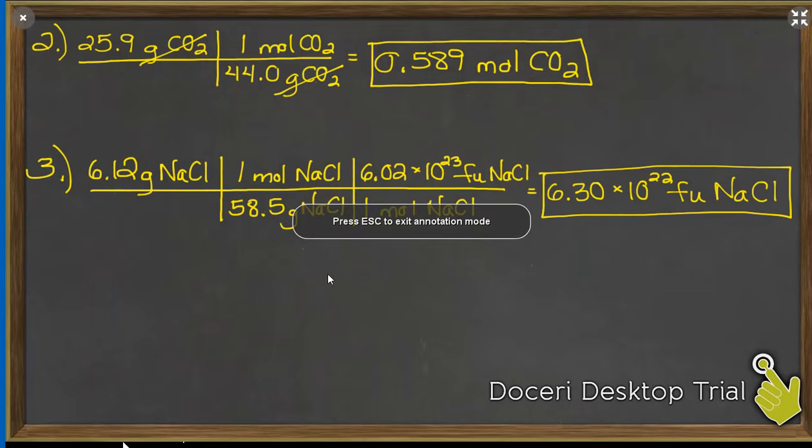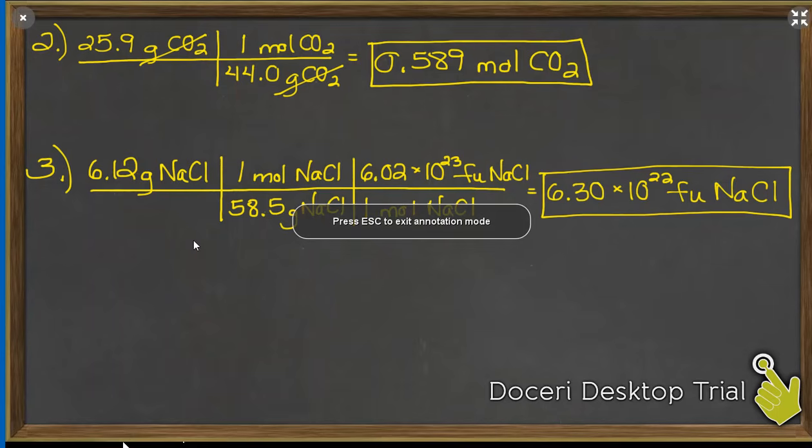Now, number 3 was a little bit more of a challenge because it wasn't a one-step problem, it was a two-step problem. I knew that it was going to be a two-step problem though, because if I used that graphic organizer, I could see that going from grams to formula units, you have to convert to moles first, and that's what I've done here in this first step.